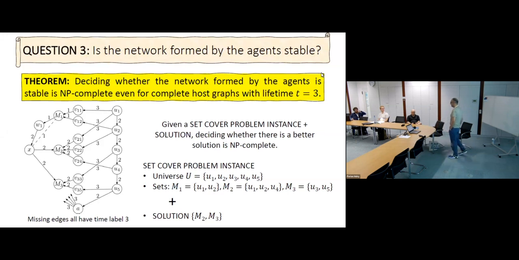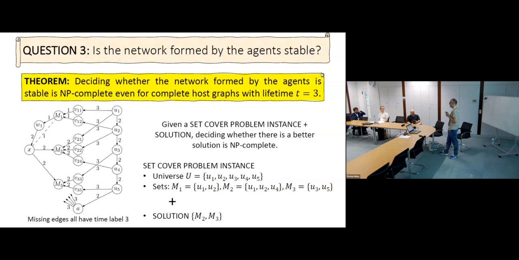The reduction, as you can see, is similar to the reduction we had for the previous theorem, but it's a little bit more involved, and there is a reason for this. The reduction has to guarantee 3 properties at the same time. The first property is that there must be an agent, which is X in this case, for which the problem of understanding whether the agent is playing a best response or not must be NP-hard.